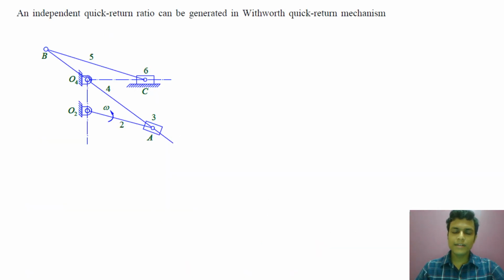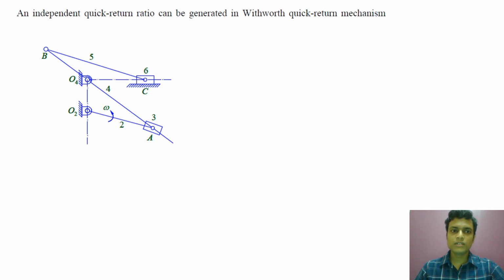In the quick return mechanism, we have seen that the quick return ratio is a function of crank radius. If we reduce the crank radius, then the stroke will reduce as well as the quick return ratio. But a reduction in quick return ratio implies that the production rate will also be reduced. So this is not a desirable phenomenon.